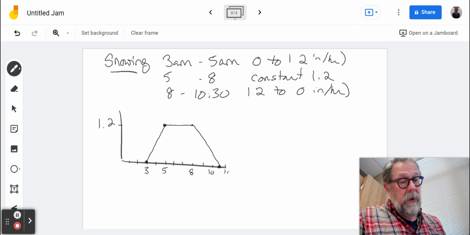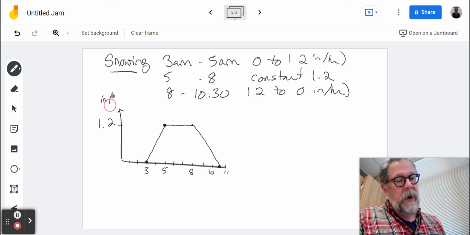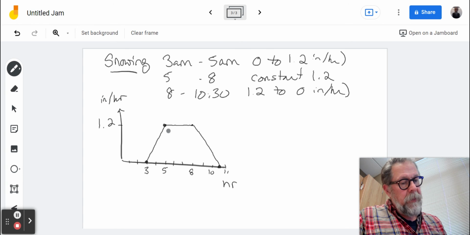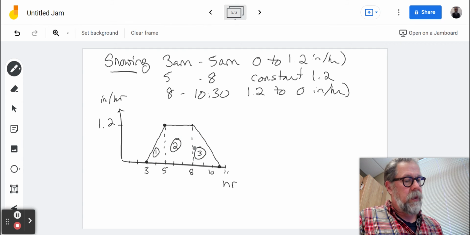How much snow fell? Well, this is the rate of snowfall in inches per hour. This is the time in hours. We can split this up into 3 sections. We'll call this section 1, section 2, and section 3. Section 1, well, we have a triangle. Base times height divided by 2 is 2 times 1.2 divided by 2.